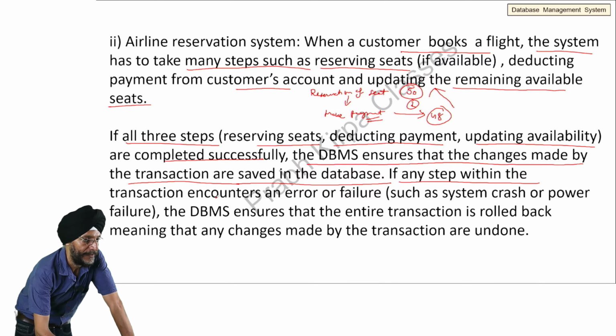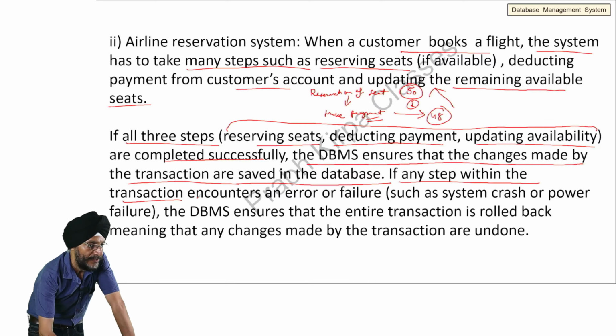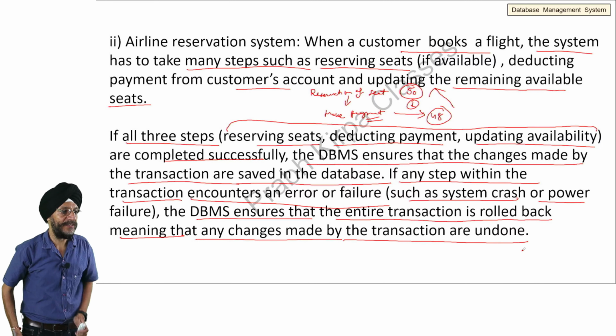If any step within the transaction, all these steps representing a single transaction, encounters a problem or an error such as a system crash or power failure, the DBMS ensures that the entire transaction is rolled back, meaning that any changes made by the transaction are undone.